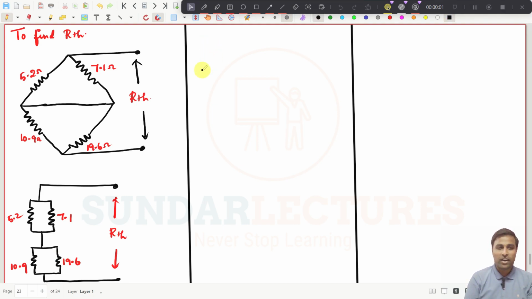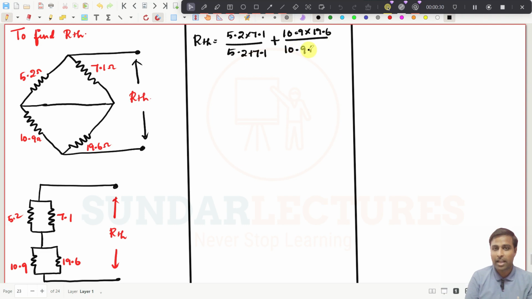Now these two are connected in parallel, so to find the value of RTH, it is 5.2 into 7.1 divided by 5.2 plus 7.1, plus, because these two bunches are connected in series, 10.9 into 19.6 divided by 10.9 plus 19.6.